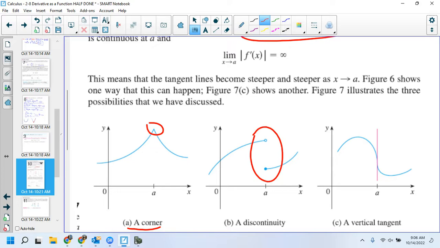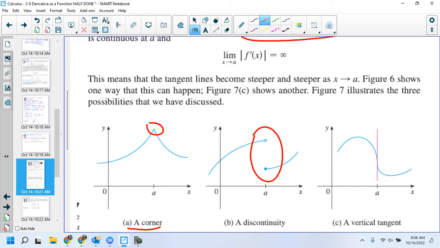So a discontinuity or a vertical tangent. Now, we might think vertical tangent is only a vertical asymptote, but it actually includes something different too. If the function ever bends through any given point and goes vertical at that point, and I try to draw the tangent line there, what's the slope of that line? Undefined.